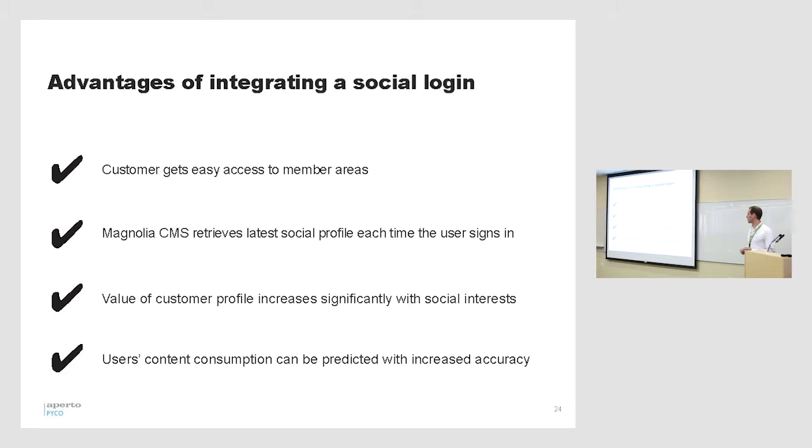The advantage for the customer is that he gets easy access to a member area. You don't have to register again or create an account again. You just log in with his Facebook credentials, and then you get access to the member area. Magnolia CMS can retrieve the latest profile after he logs in, and every time he logs in, Magnolia gets the latest profile. With this profile, we can target the user much more efficiently.